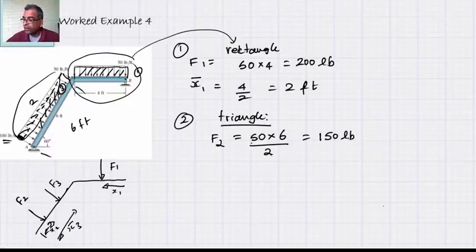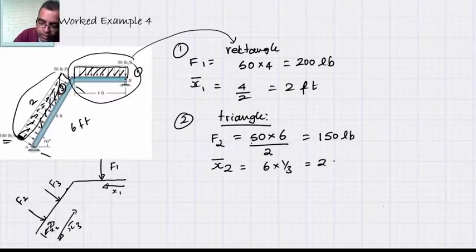And then let me make sure that we are on the right track. And then its location, x bar 2 will be 1/3 of the distance from the corner, which turns out to be 6 times 1/3, which is 2 feet from the corner.